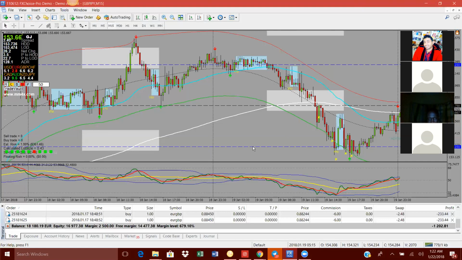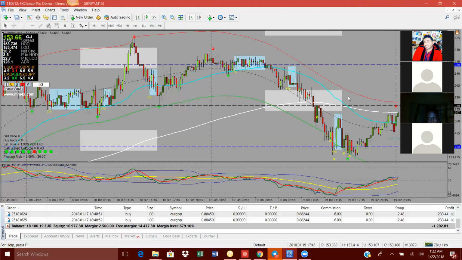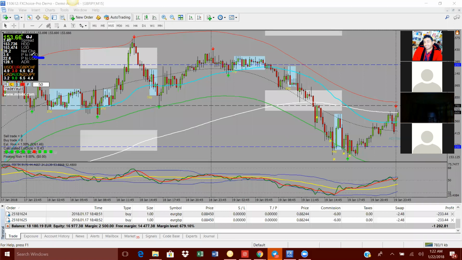What is it doing? Now GBP is very hot. You see here in my currency meter, GBP is very hot. So it's 6.6 and JPY is 4.4. So we'll not look for the sell now till the market settles down, right?